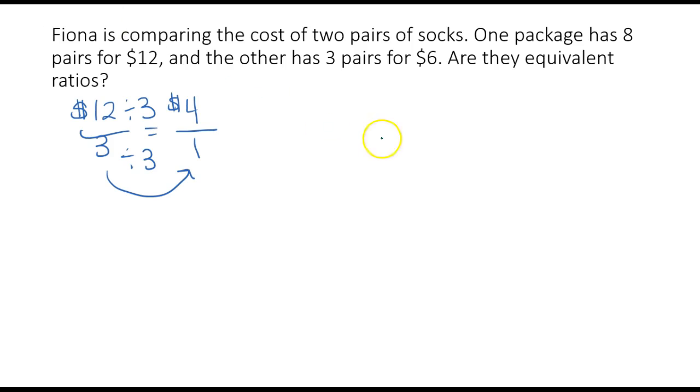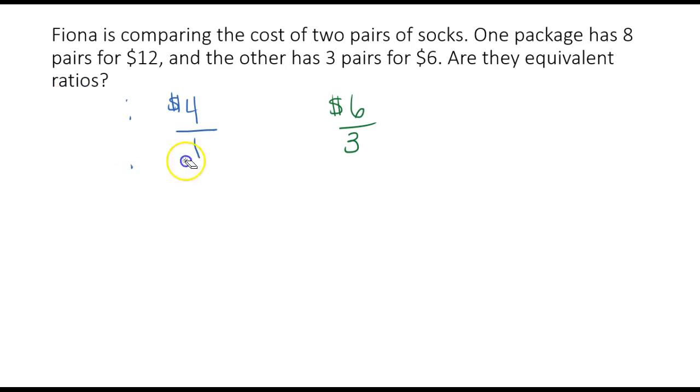Let's check and see what happens with the other one. So it's $6 for 3 pairs. Oh, you guys, one package has 8 pairs. You forgot to tell me about that one. Okay, so let's fix that. Let's do that one again. Okay. I know it doesn't count as a mistake though because I caught it. What? I wish you guys would do that.